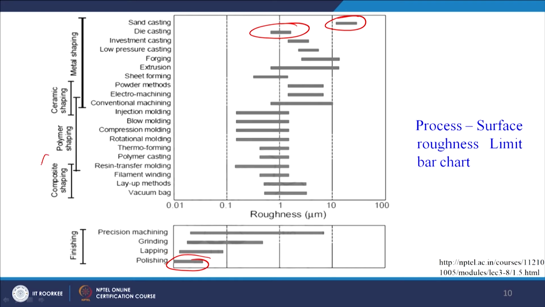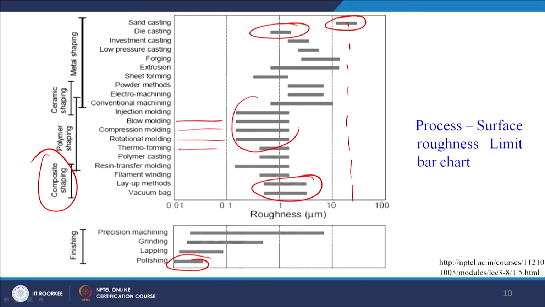The processes for composite shaping also produce better surface finish as compared to sand casting. Here we can see sand casting produces a poor surface finish as compared to the other processes. Similarly, we can see most of the polymer shaping processes, blow molding, compression molding, rotational molding, thermoforming, achieve almost similar, good surface finish.